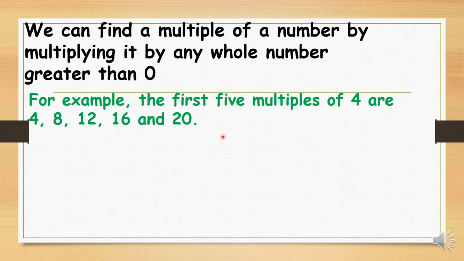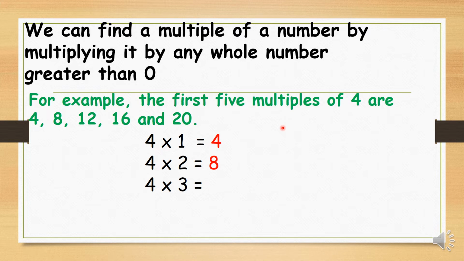So, for example, the first 5 multiples of 4 are 4, 8, 12, 16, and 20. How did we come by those? We know that 4 times 1 equals 4, and 4 times 2 equals 8. 4 times 3 is 12, and 4 times 4 is 16, and 4 times 5 is 20.